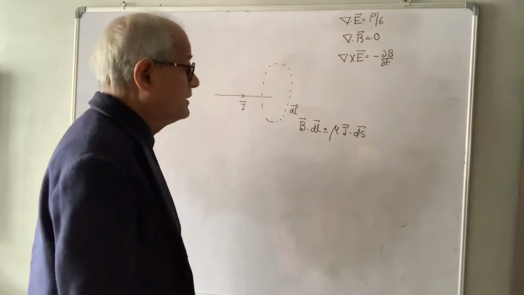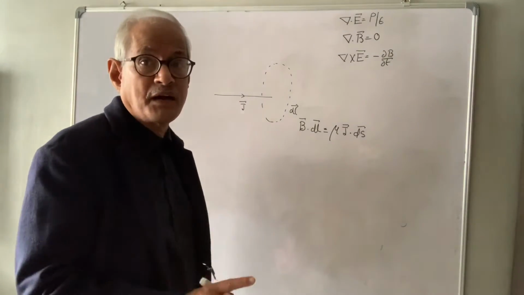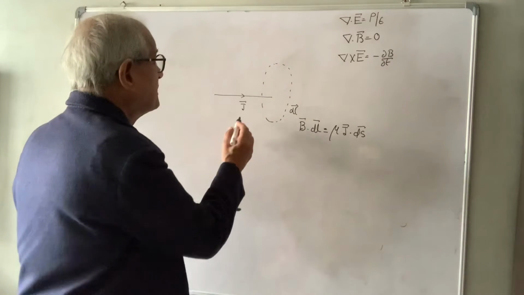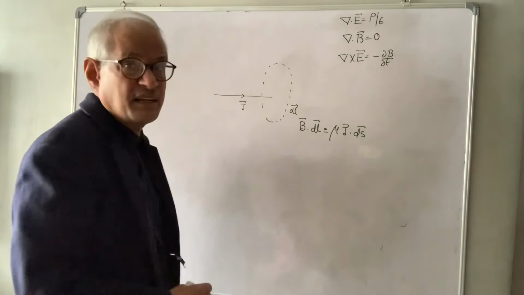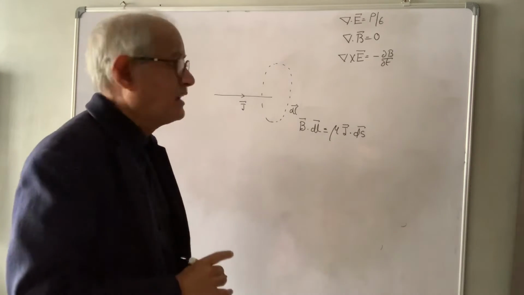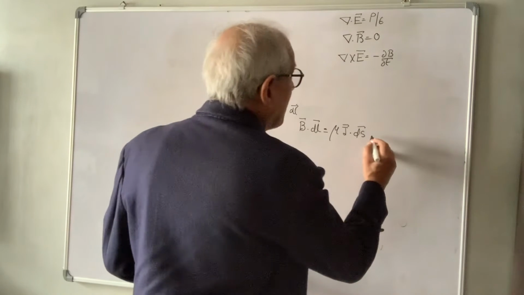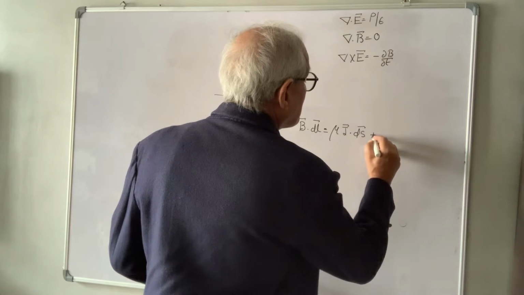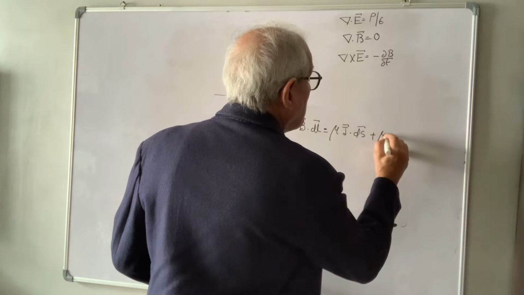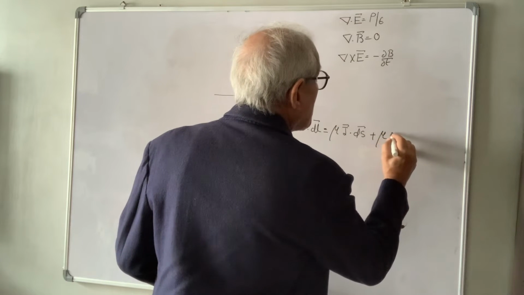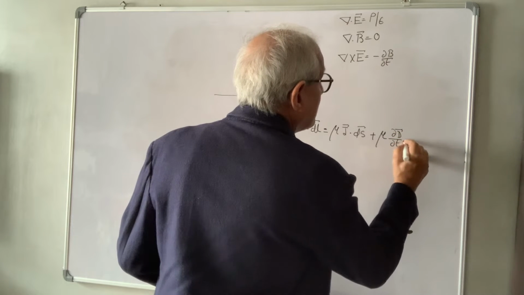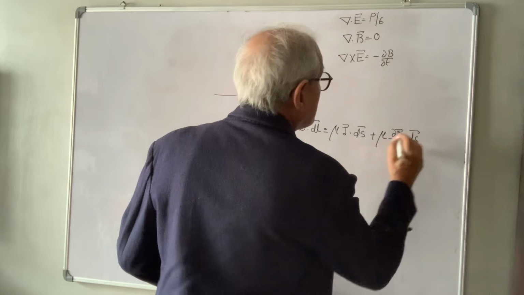Now what Maxwell did, he added one more term for induction current density. Here J is the conduction current density, and he added one term for induction current density, and that value is mu del T dot ds.